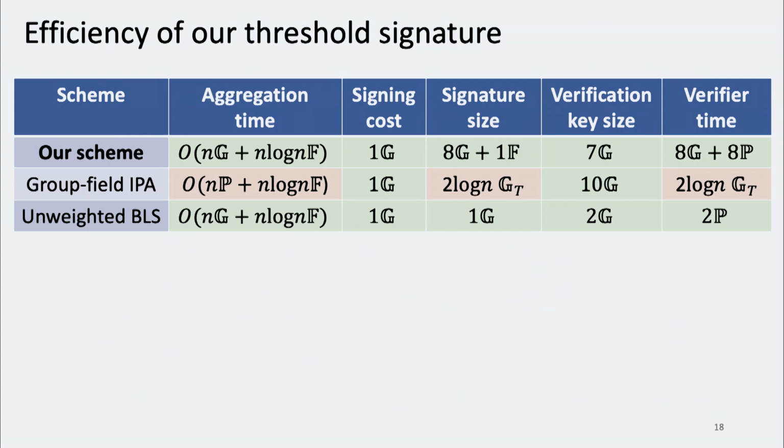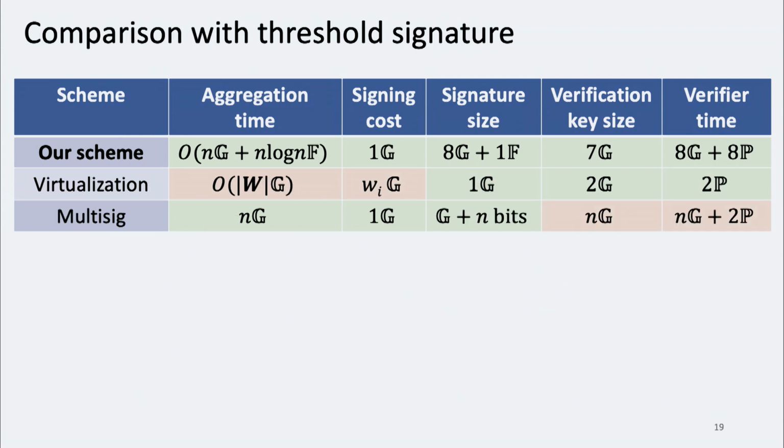On the last row, I also like to compare with the unweighted BLS threshold signature. As you can see here, our signing time and aggregation time are pretty much identical. Our signature size, verification key size, and verifier time are slightly worse, by a reasonable constant factor.